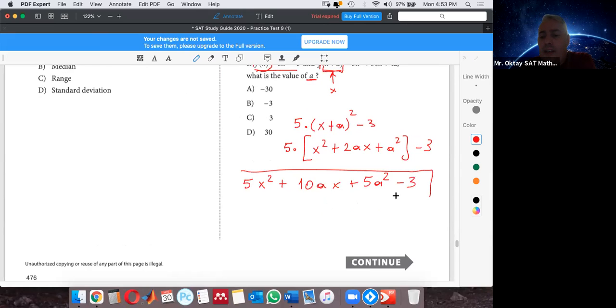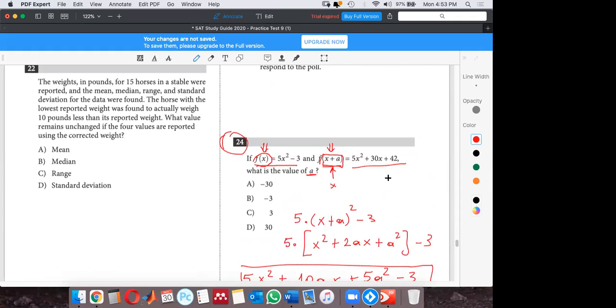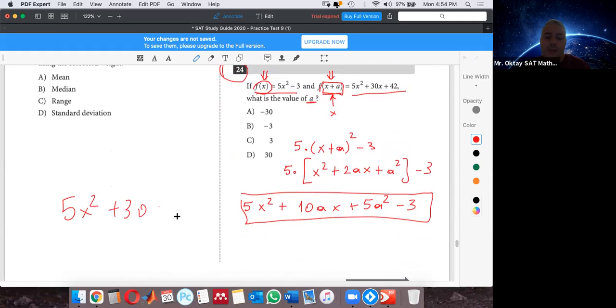Till here, do you have any question? How did I open this? No. Okay, so it says that this is equal to 5x squared plus 30x plus 42. Now, my dear students, 5x squared and 5x squared cancel out.